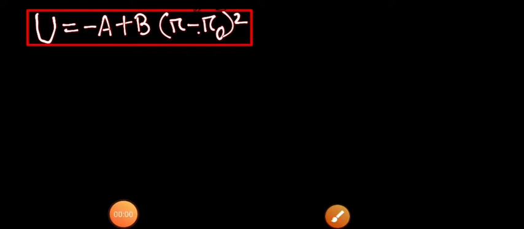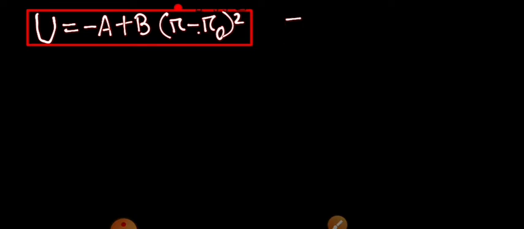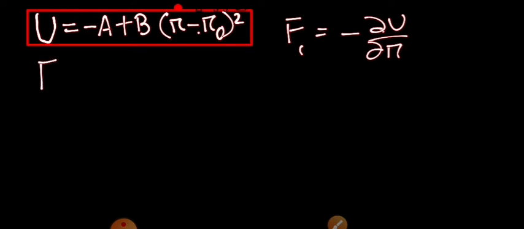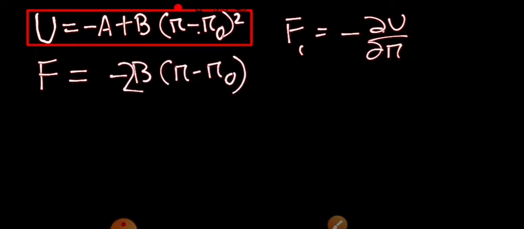So this is given as the potential energy function, and we know that for any conservative force, the force is equal to minus dU by dR. Differentiating, we get that force is equal to minus 2B into (R minus R naught).